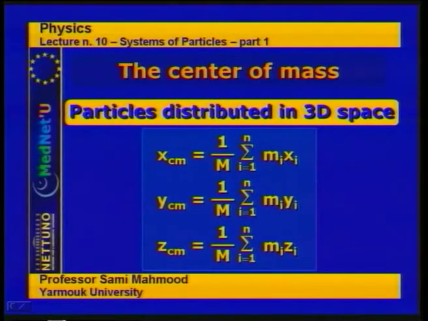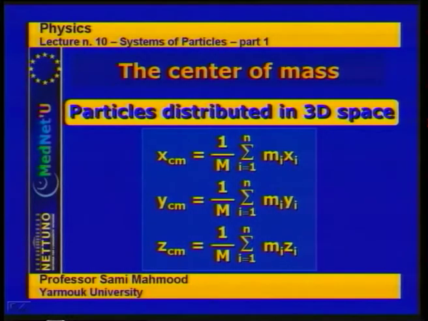In exactly the same way, the z component of the center of mass of the system is simply 1 over the total mass of the system times the summation of the mass of each particle times the z component of its position, all summed over the particles from i equals 1 to n.